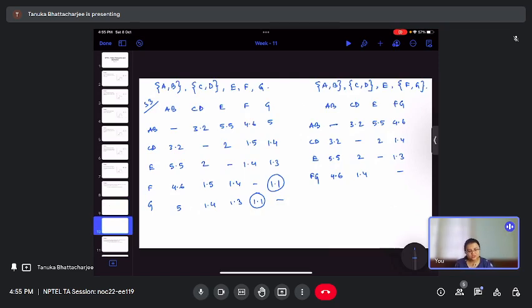So now you see the minimum is 1.3, that is between E and FG. So in the next step we will combine E with FG.